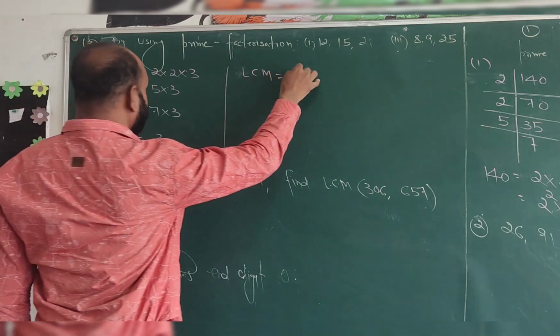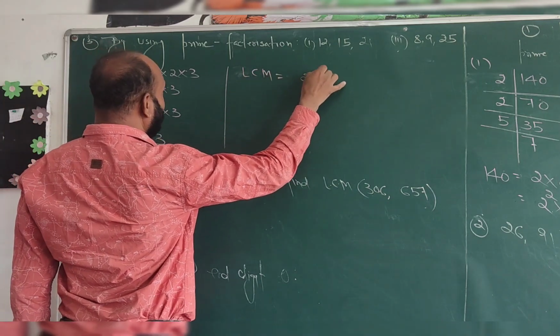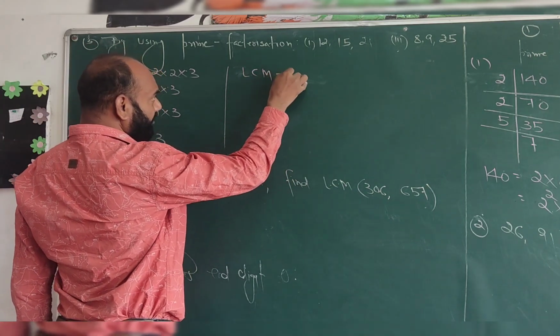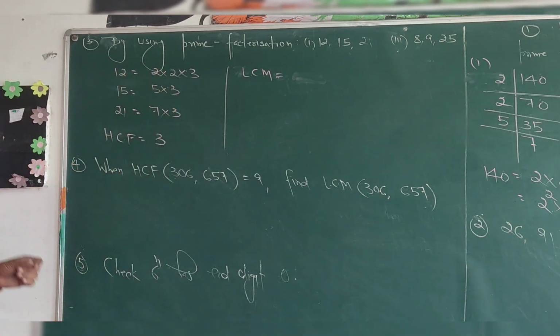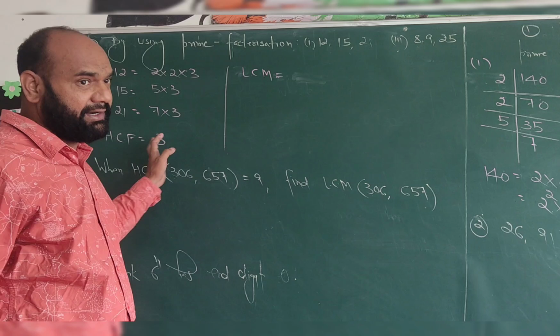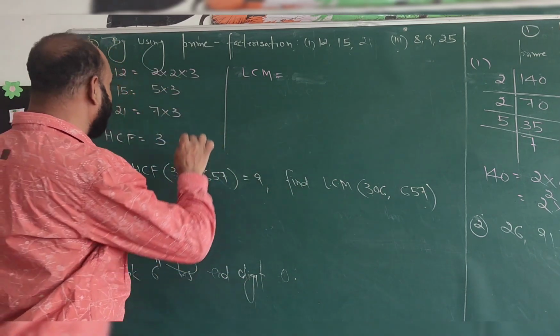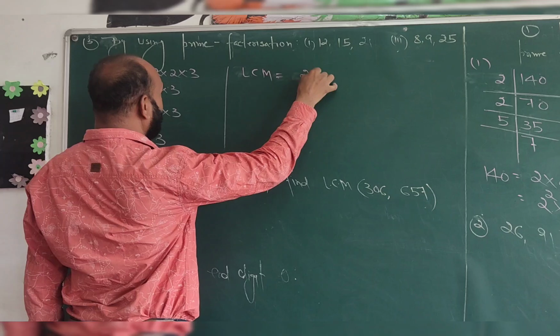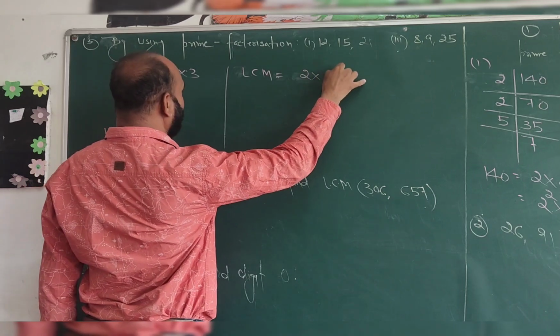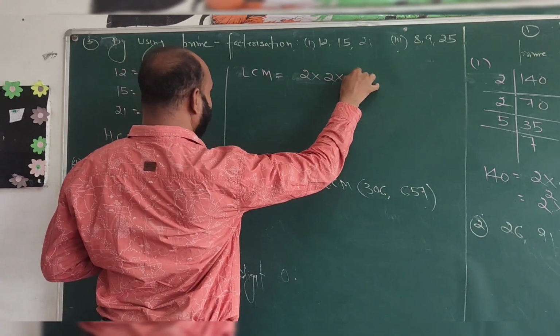In the LCM, we write the product of the numbers, but the number which is the common factor is written only one time. So the LCM of 12, 15 and 21 is 2 multiplied by 2 multiplied by 3.